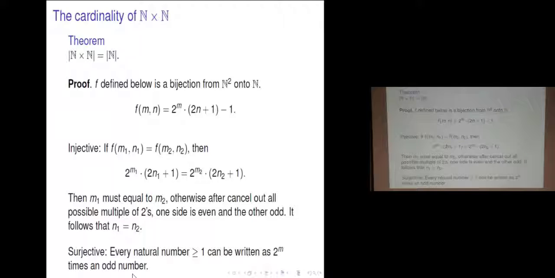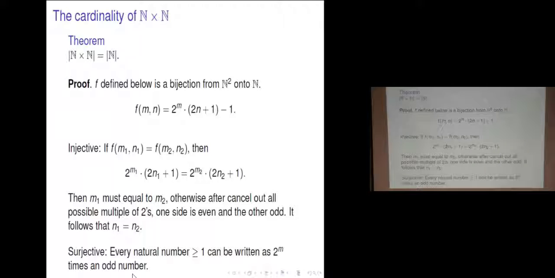If the number is 0, I claim f(0,0) is 0. Why? Because if I plug in (0,0) here, the first part gives me 1, and because of the minus 1, I get 0. So 0 is in the image.